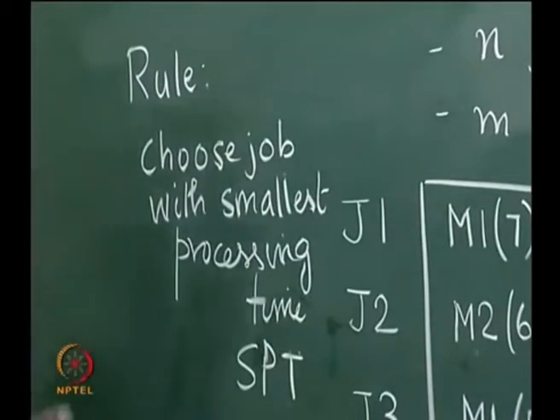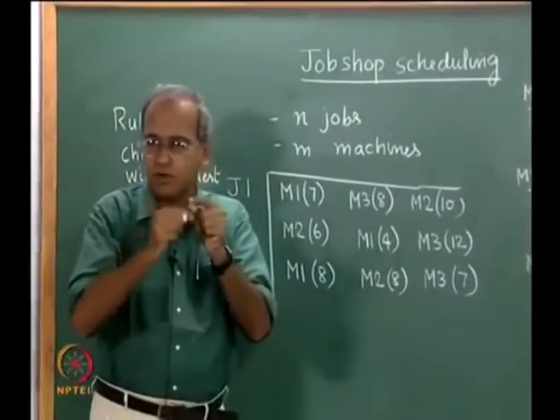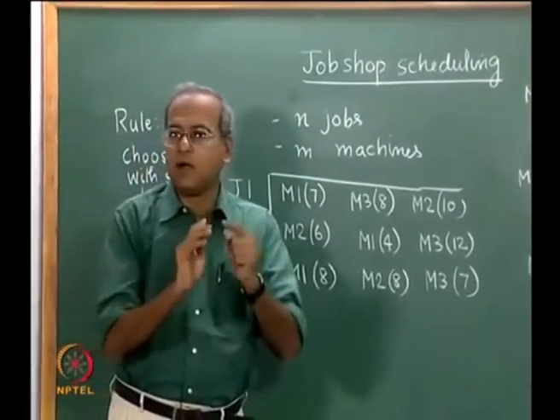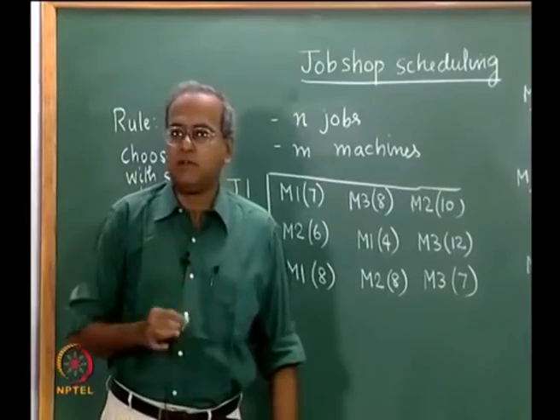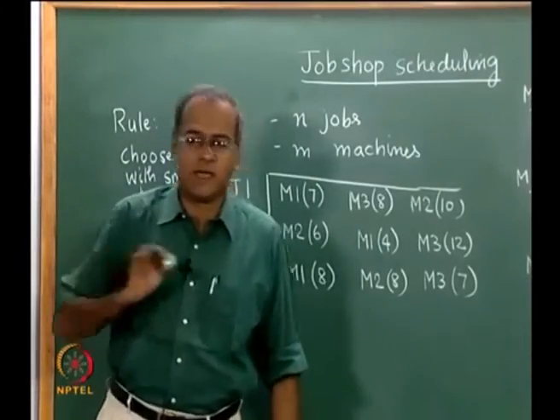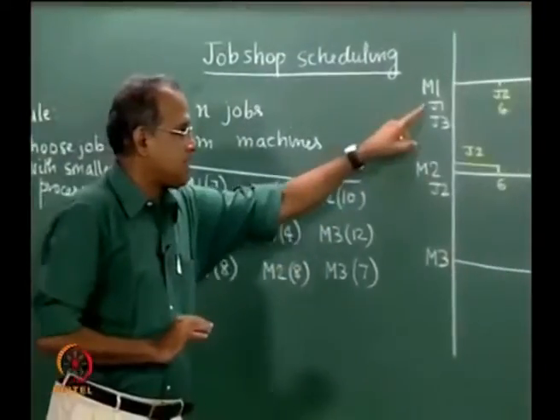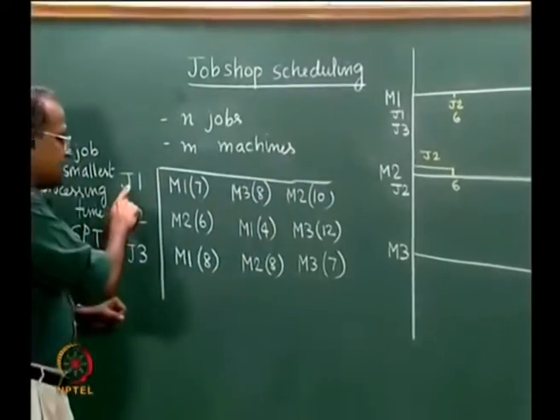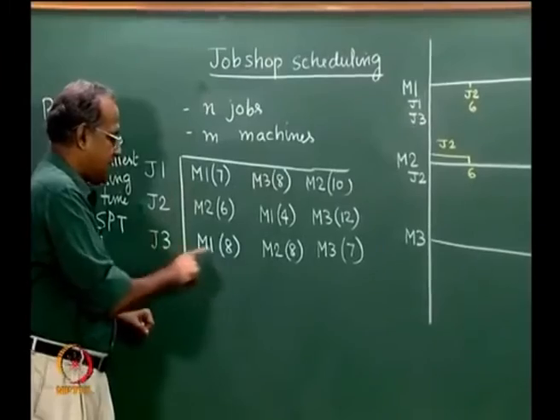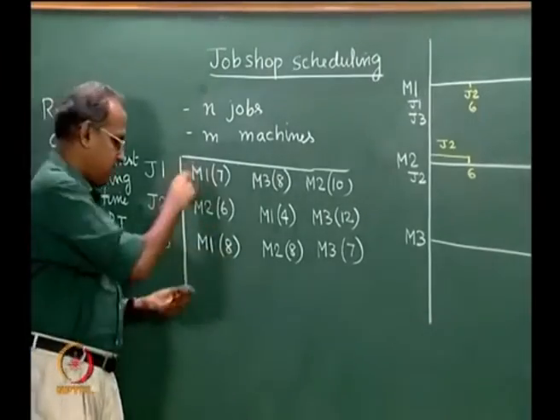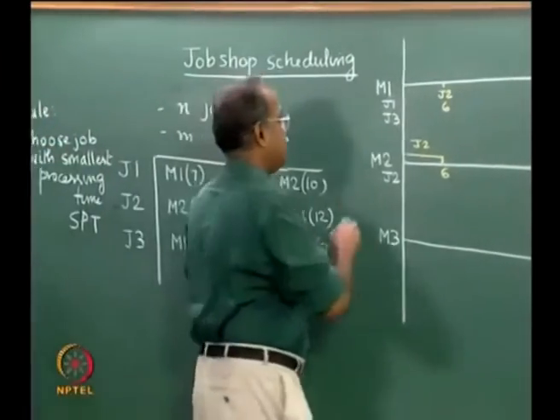Let us assume that if we have to choose between 2 jobs or among a set of jobs that are waiting, we would pick the job which has the smallest processing time. So, between J1 and J3 here, J1 requires 7 units of time, J3 requires 8 units of time. So, we choose J1.